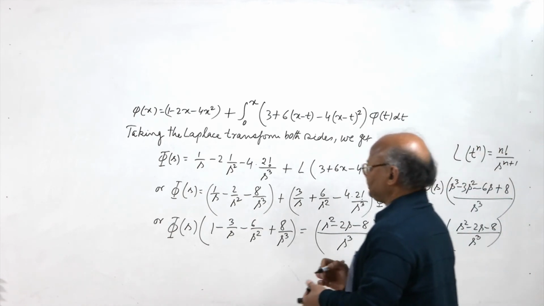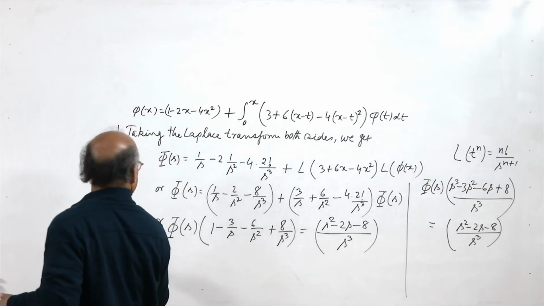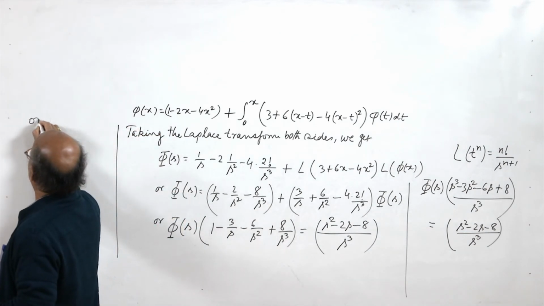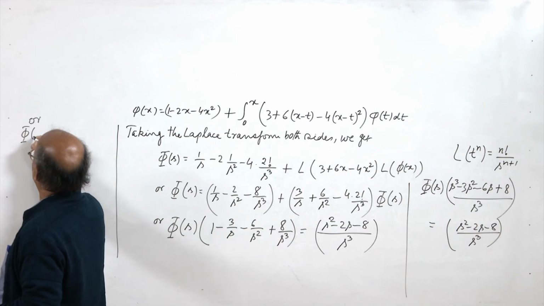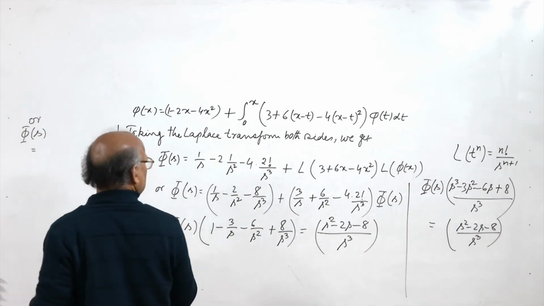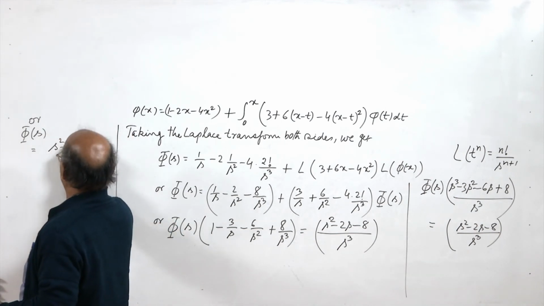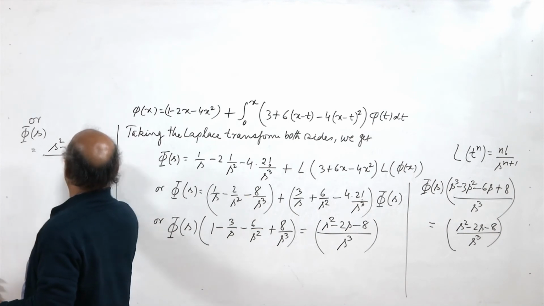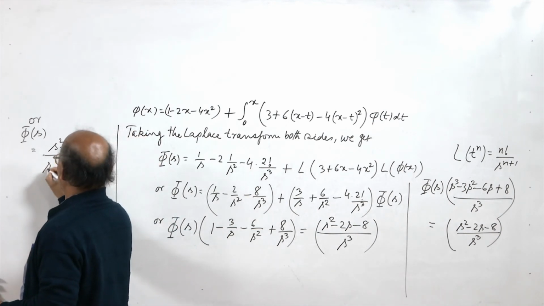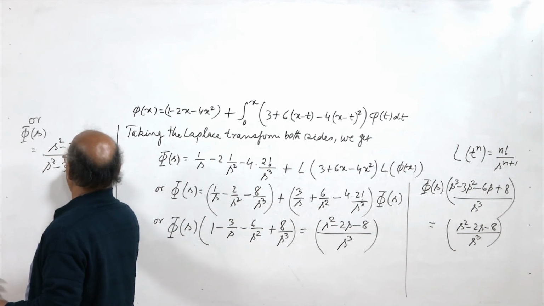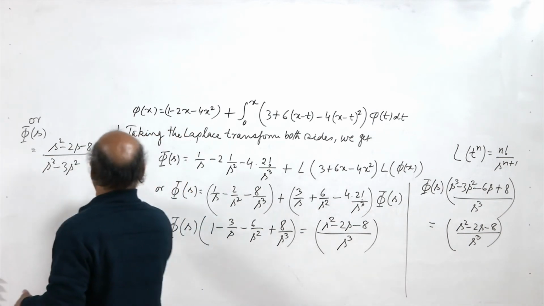Now, phi s is equal to s square minus 2s minus 8 divided by s cube minus 3s square minus 6s plus 8.